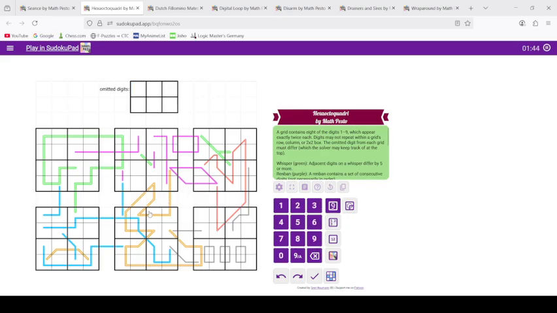Alright, let's start then. The German Whisper. We know that German Whispers alternate parity between high and low digits. So let's count the parities. That's one parity. And this is another parity.